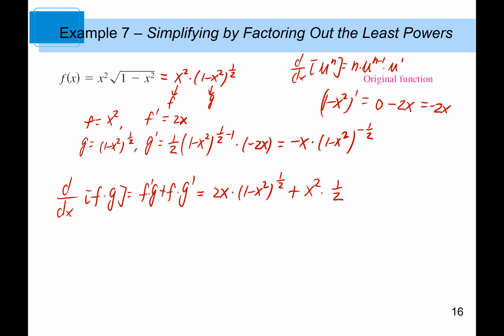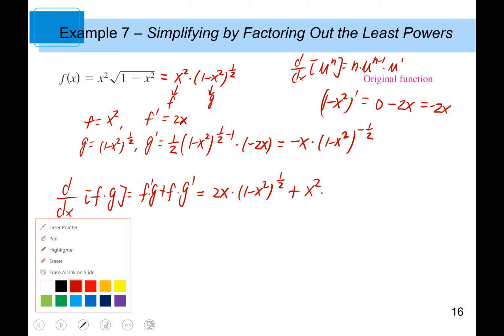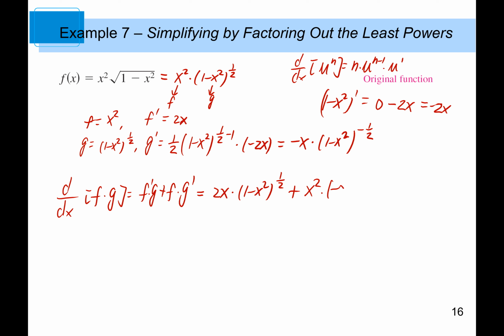We simplify that, so it should be negative x. Just use the simplified result, which is a lot easier. So negative x times 1 minus x squared to the negative half.